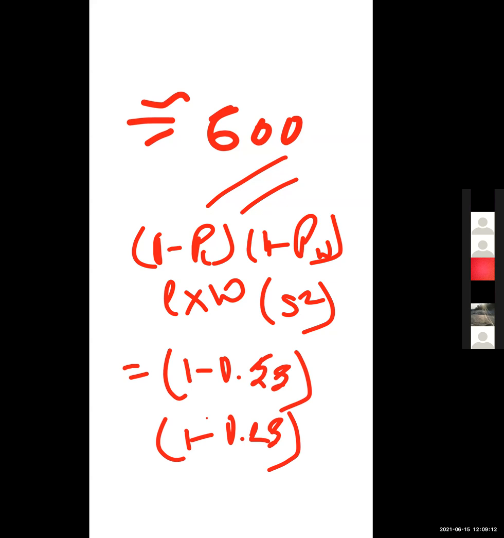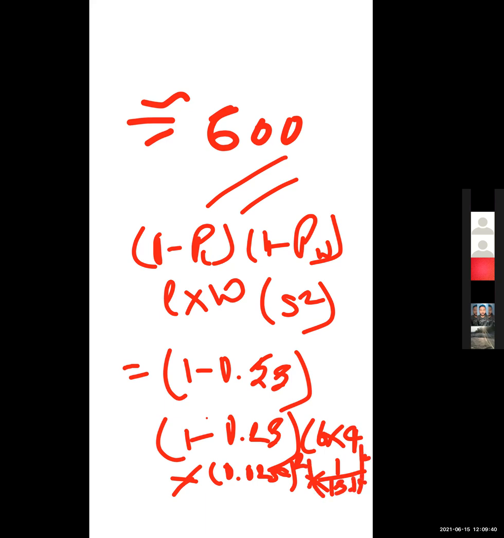Into L, the length, which is given as 6 inch. Converting 6 inch into meters, 6 into 0.0254, we get 0.1524, square, and also 1 by 15600 square.